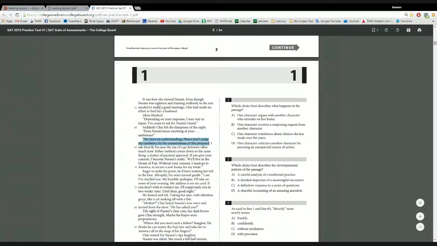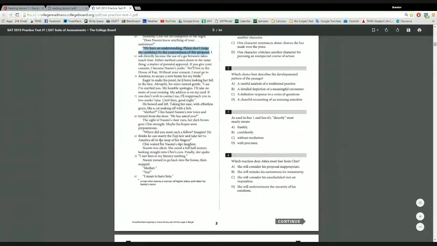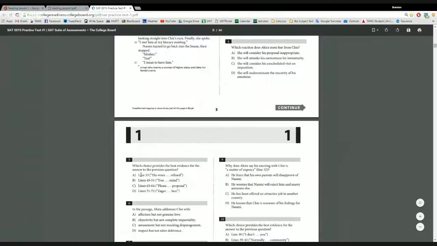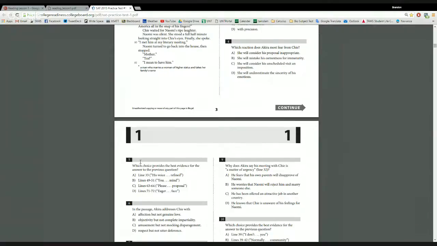So where did we find that? We found that in lines 63 to 64. So question number 5, the answer would be C, line 63 to 64.